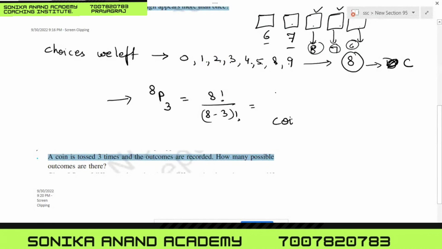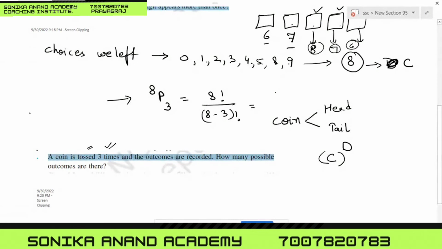How many possible outcomes are there when a coin is tossed? Actually, a coin has two things, either head or tail. Clear? And head and tail can be repeated, we have no option. So repetition is allowed. So the formula is c to the power d. How many times was it tossed? 3 times.